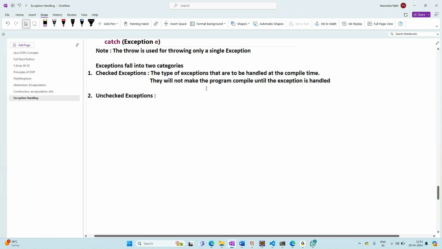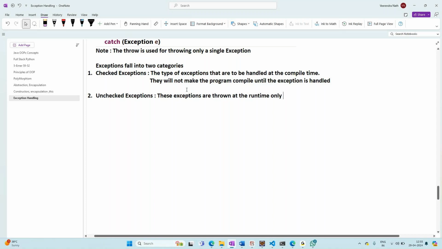Then for the other type, these exceptions are thrown at the runtime only.